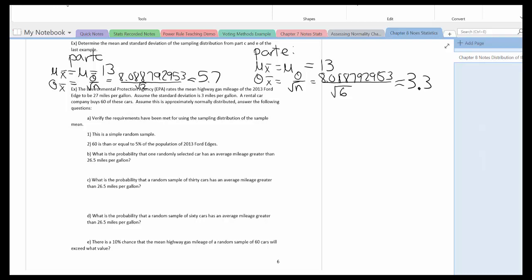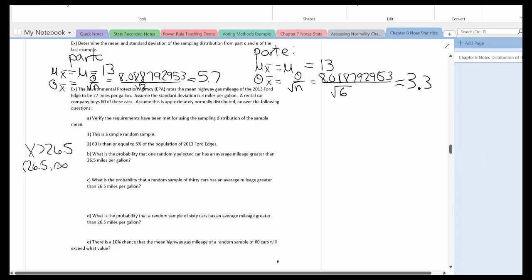Okay, let's take a look at part B. What is the probability that one randomly selected car has an average mileage greater than 26.5 miles? All right, so this is X greater than 26.5, and in interval notation, I can write that as 26.5 to infinity. So this is still a normal CDF problem.